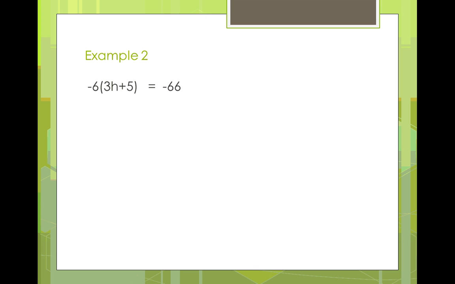Alright, I'm going to, in this case, solve this one by dividing both sides by negative 6. So that will leave me on this side with just 3h plus 5, and on this side it will leave me with 11. So what have I actually done? I've divided by -6 on both sides.